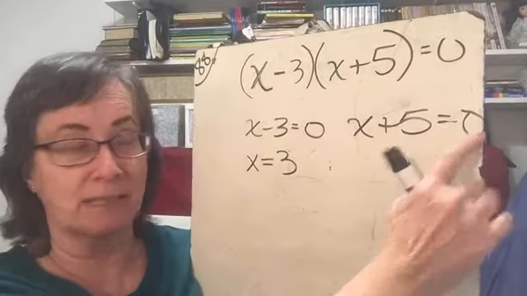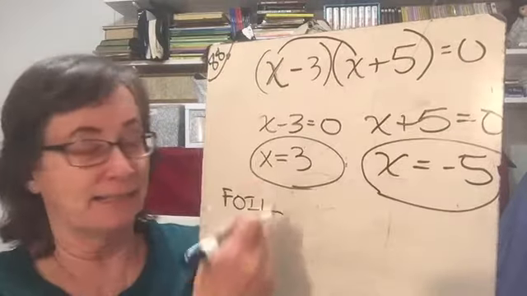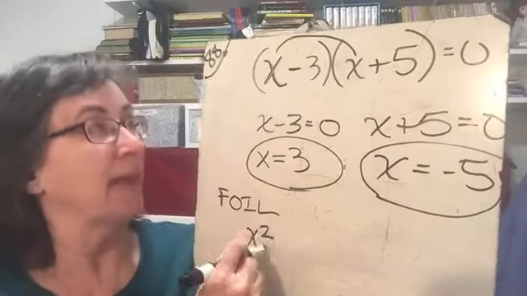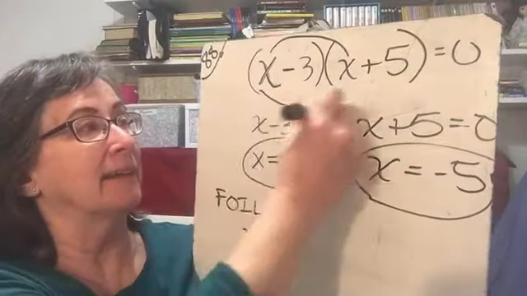Now, what was that polynomial before we factored it? Well, let's FOIL it together. First, outside, inside, last. Remember your FOIL. First is x squared. Outside is 5x. Inside is negative 3x. And last is negative 15 equals 0.